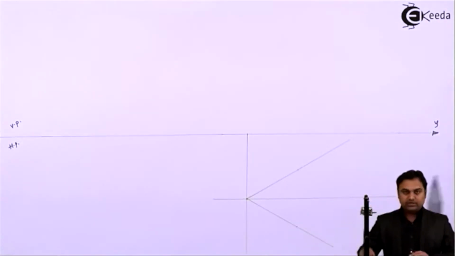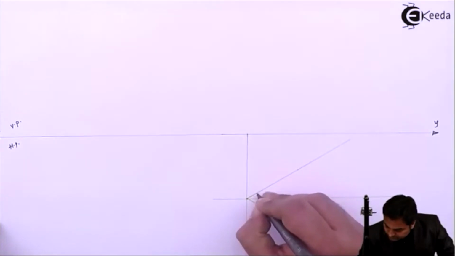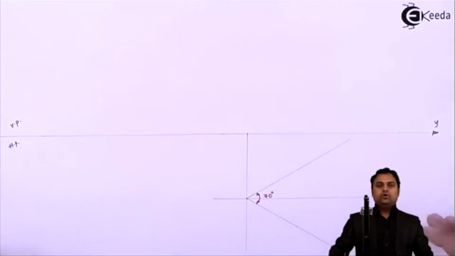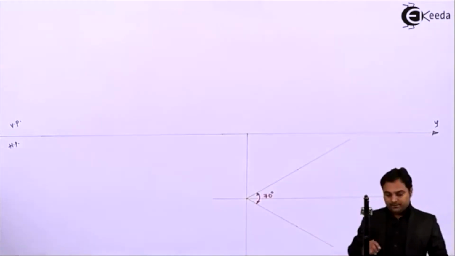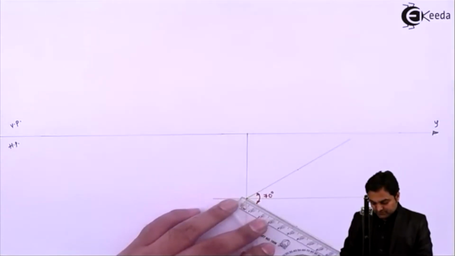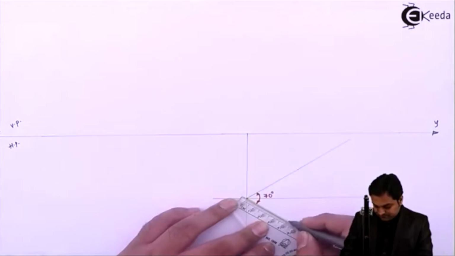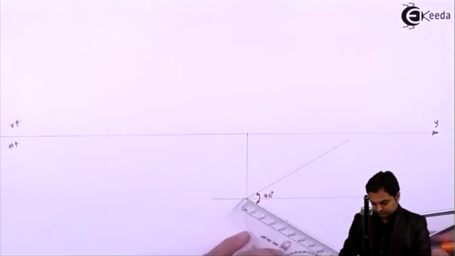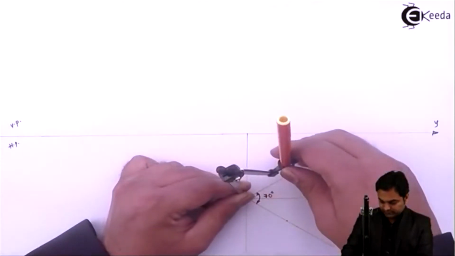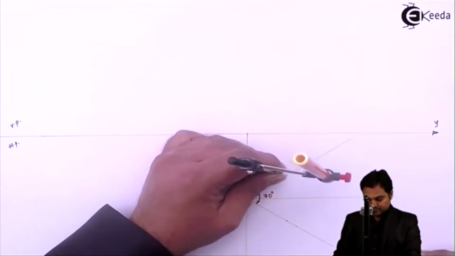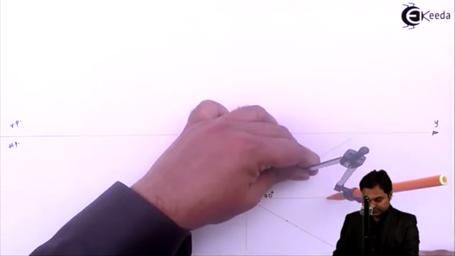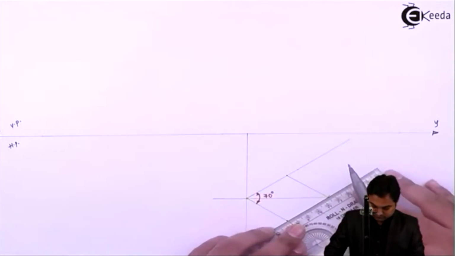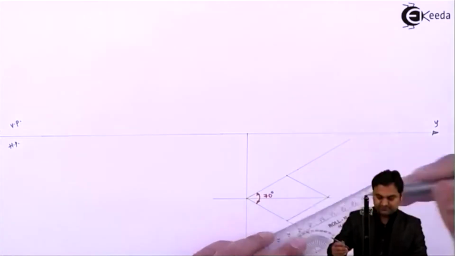So now if I measure this total angle, that will give me 70 degree. That is the angle between the edges of the rhombus which is there in the true shape. Next, the side of the rhombus is 40 mm, measuring 40 mm. Cutting it onto the other side, keeping the same distance, cutting it on this horizontal line. So here is the true shape of the rhombus.